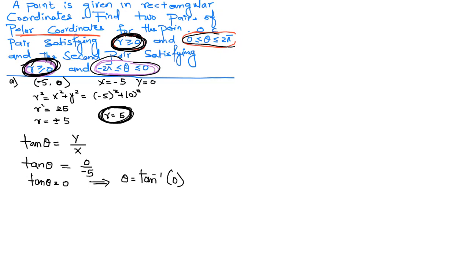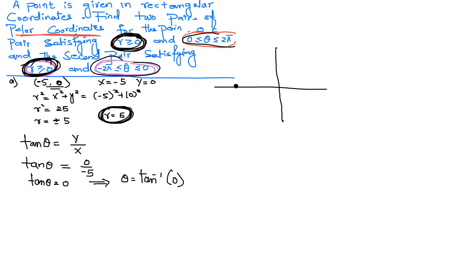Now can anybody tell me what is the tangent inverse of 0? 0, yes, right. But the point is minus 5 and 0, which lies here.